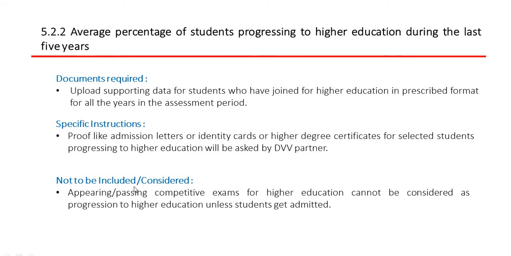What should not be included or will not be considered by DVV in this metric is appearing or passing competitive exams for higher education cannot be considered as progression to higher education unless the students get admitted in the respective higher education course.